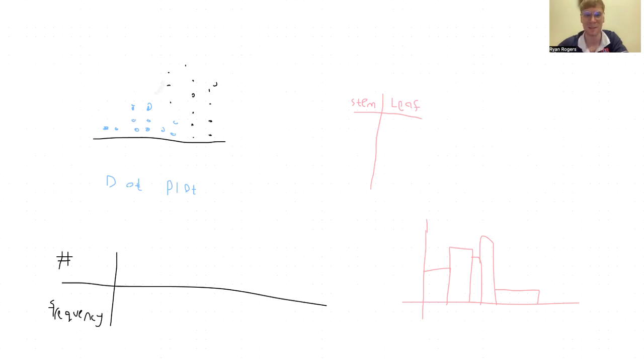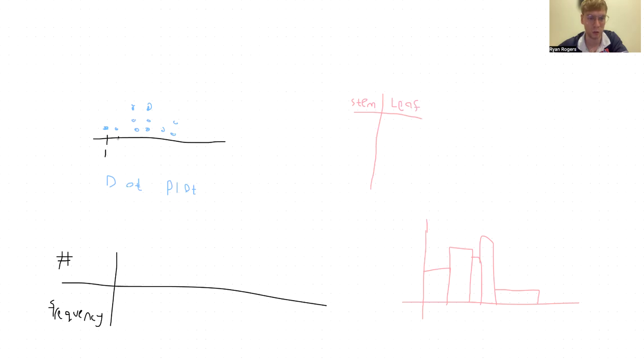I think I had some tests with a ton of dots. I don't know how we got all those dots, but each dot just represents one student above one number, right? So if this is one, this is two, this could be how many brothers and sisters do you have?